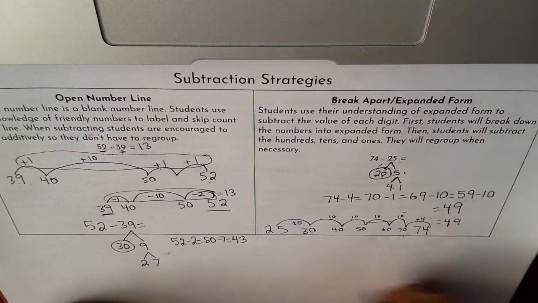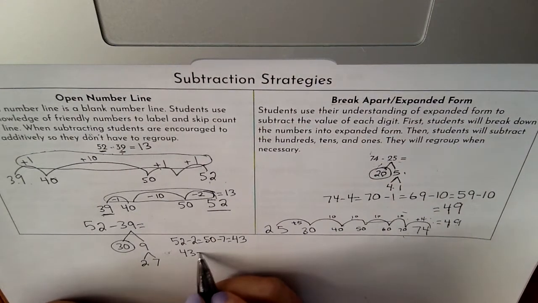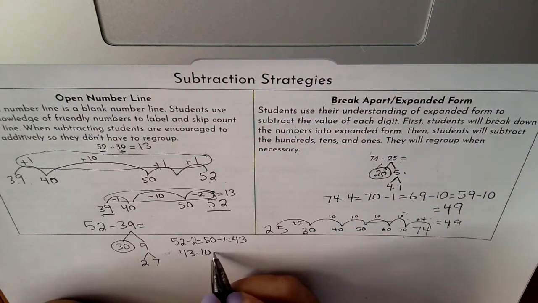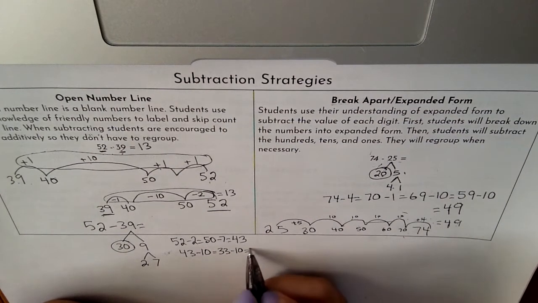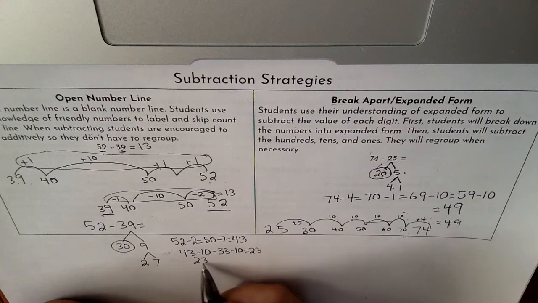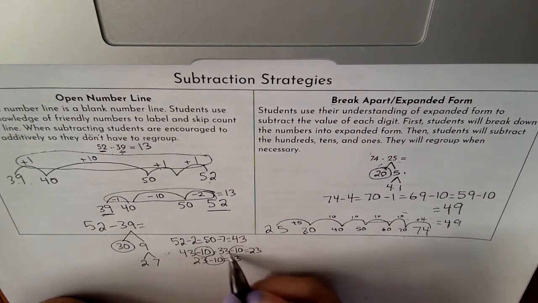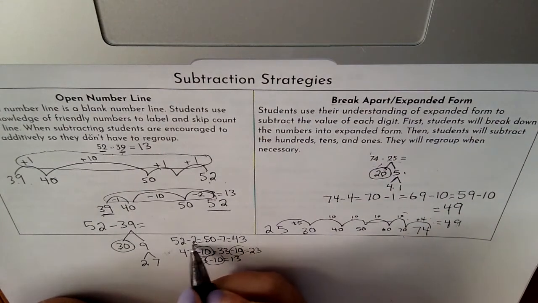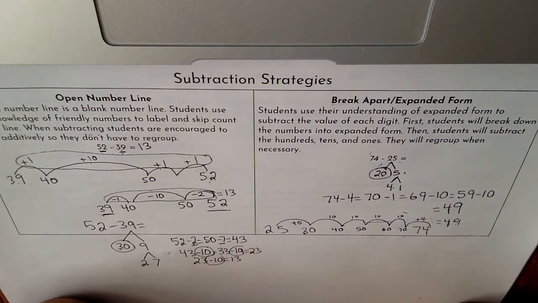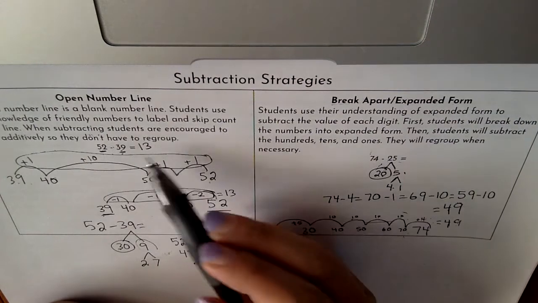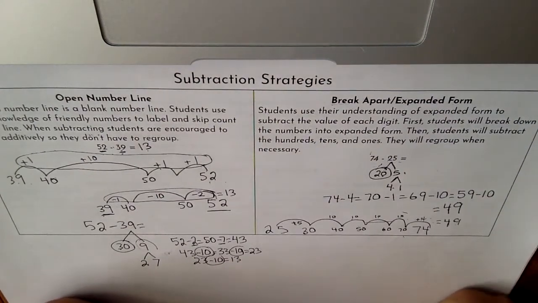So now I need to go 43 minus 10 is 33, minus 10 is 23, and then 23 minus 10 equals 13. So I took away my 30 from here, and I took away my minus 2 and my minus 7, which equals that minus 9. So I got the exact same answer, just a different strategy.